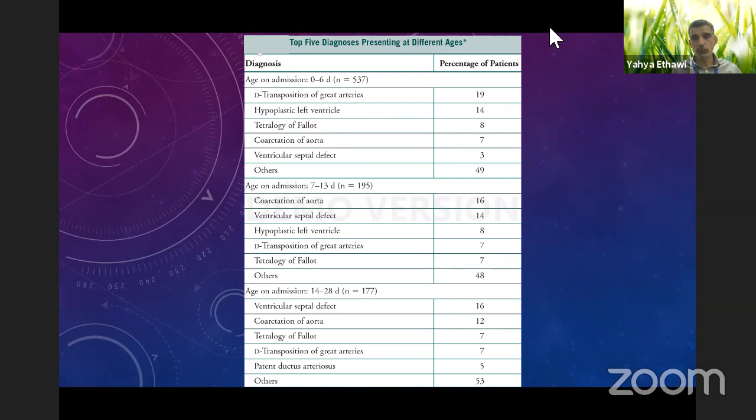For example, at birth, the most common that we discover are transposition and hypoplastic heart, while in the second week, the most common is coarctation of the aorta, and later on, after 2 weeks, the most common is VSD. So you need to remember that some diseases you might not discover at birth. Even if you have done a structural assessment, it doesn't mean that there is no congenital heart disease.